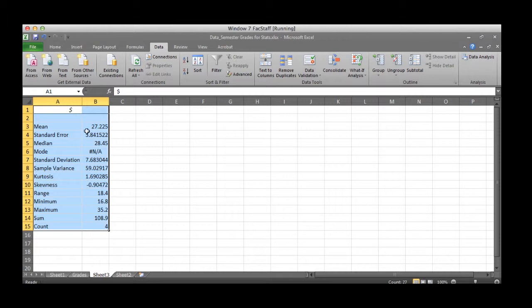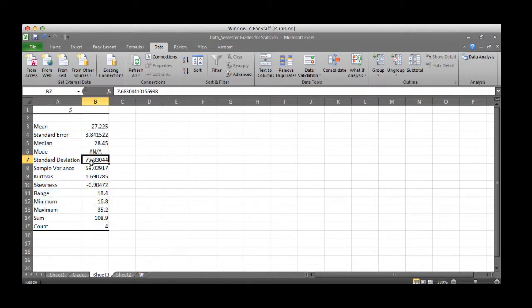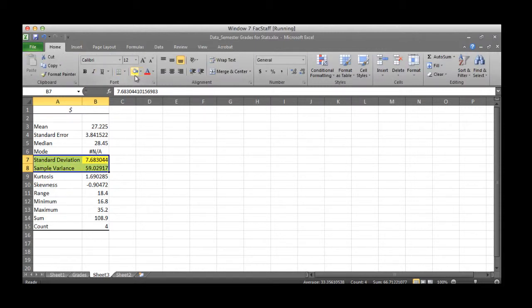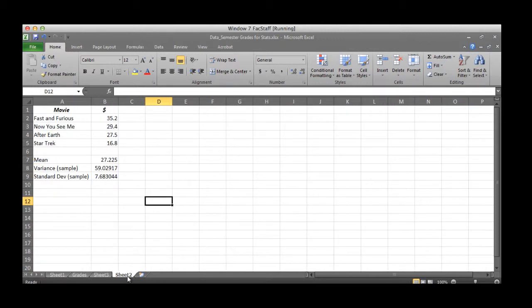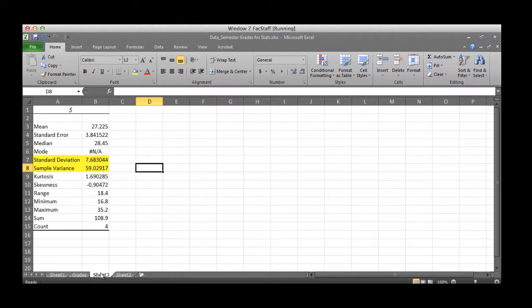27.225, that's our mean. The standard deviation and variance statistics were calculated: 7.68, yep, and 59.03, and there you go. This gives us some other stuff that we'll get into. Standard error when we get to Chapter 8. The median, if you're interested.